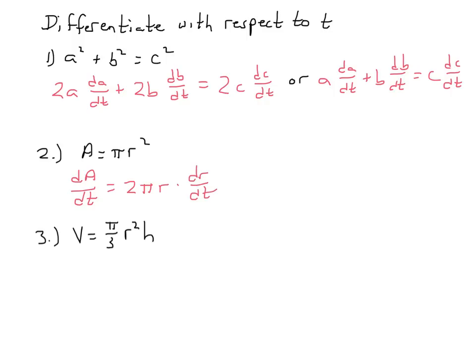And now in the last problem, you have to keep in mind that we do have a product here, r squared h. Both r and h are functions of t. And so when I take the derivative with respect to time on that one, I will get dV dt equals pi over 3 times, and in this case I have to use the product rule.